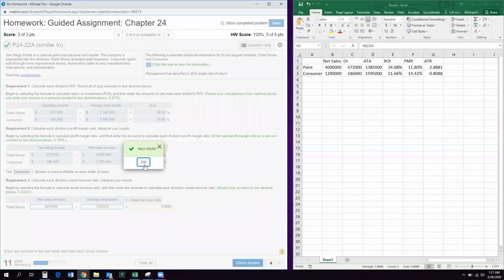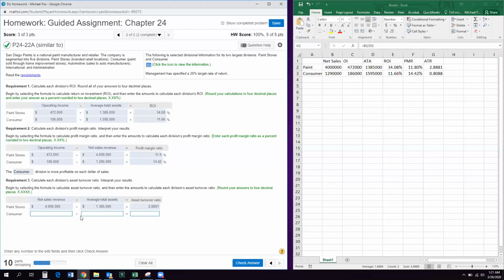For our consumer side, net sales revenue 1,290,000, average total assets 1,595,000, which gives us an asset turnover ratio of 0.8088.